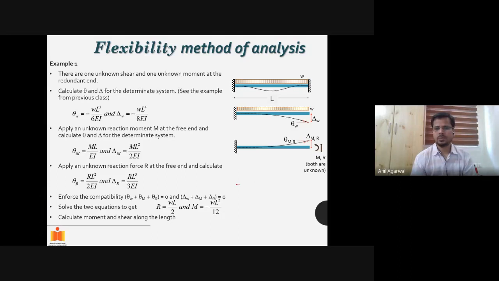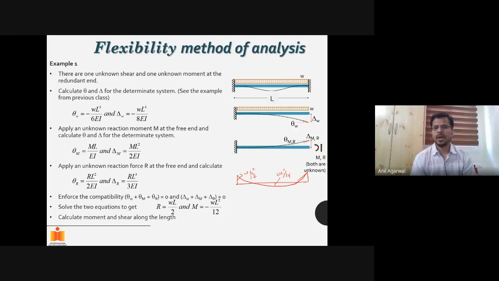Since you already know it, I'm just putting the results before even starting to solve. This is how a typical bending moment diagram will look. This will be WL square by 12, and this one will be WL square by 24.